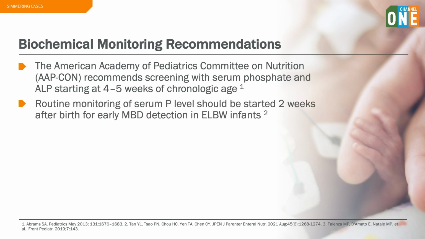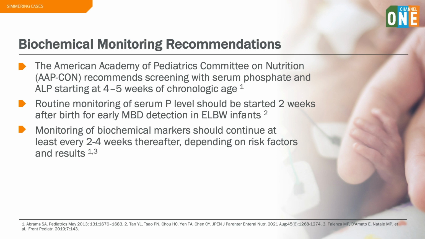Routine monitoring of serum phosphorus level should be started 2 weeks after birth for early detection of metabolic bone disease, particularly in the extremely low birth weight infant. Monitoring of biochemical markers should continue at least every 2 to 4 weeks thereafter, depending on risk factors and results.